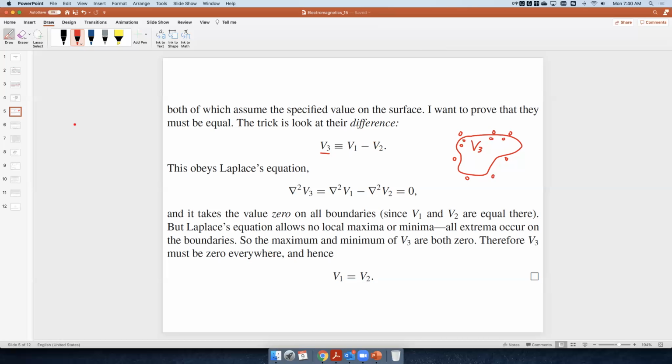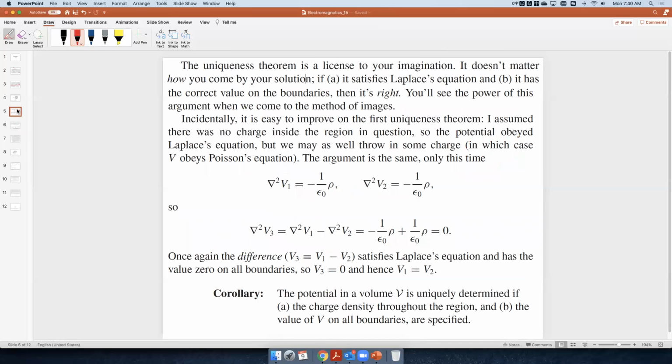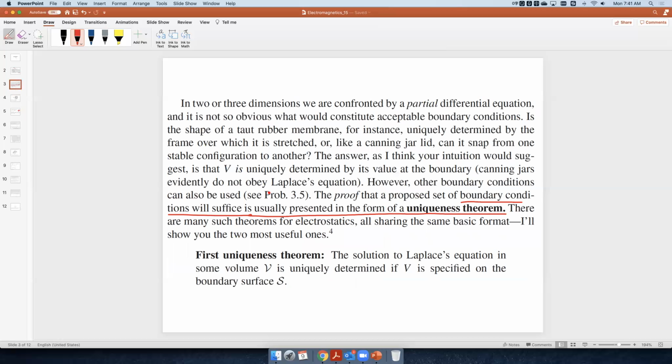Then we have proved the uniqueness theorem: the solution to the Laplace equation in some volume V is uniquely determined if V is specified on the boundary surface. So let's keep it in mind. If you have a Laplace equation and you specify the boundary values, then your solution for the Laplace equation is unique.